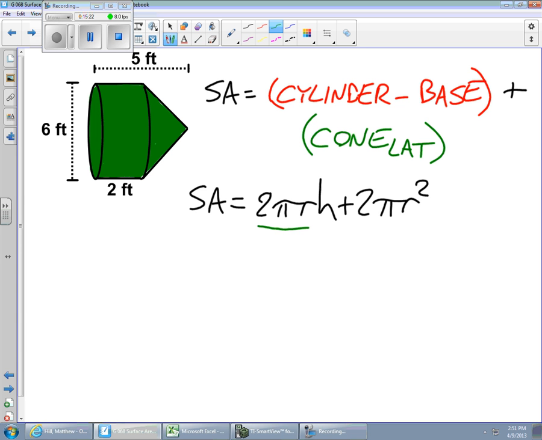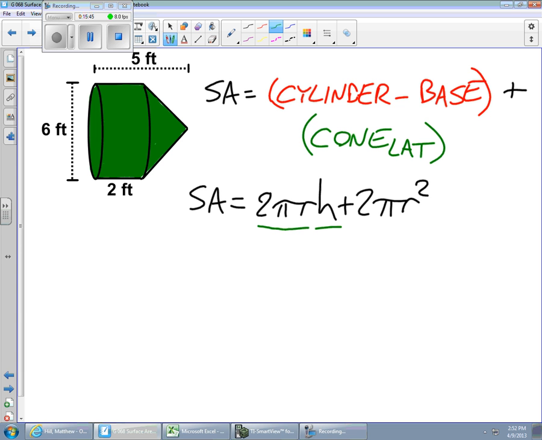Okay? Now what's h represent? Height of what? Height of the overall shape. Yeah. Okay, so let's think about what that actually says. What did we just calculate there? 2 pi r is the distance to travel around the circular base. Height is the distance between the circular bases.